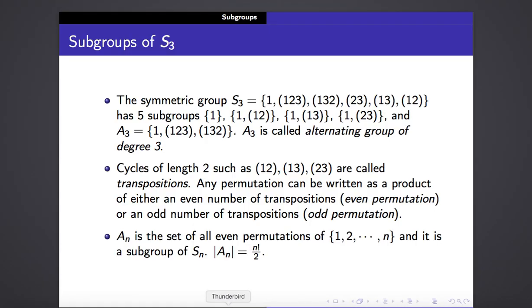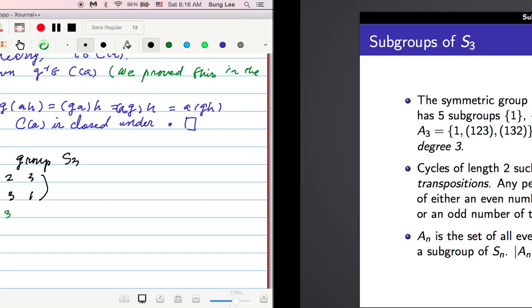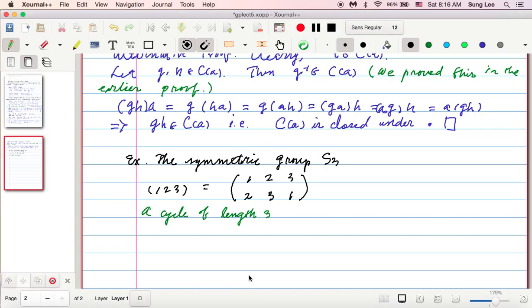Okay, so let's get to my notepad. Let's talk a little bit more about the cycle notations and transpositions. All right.